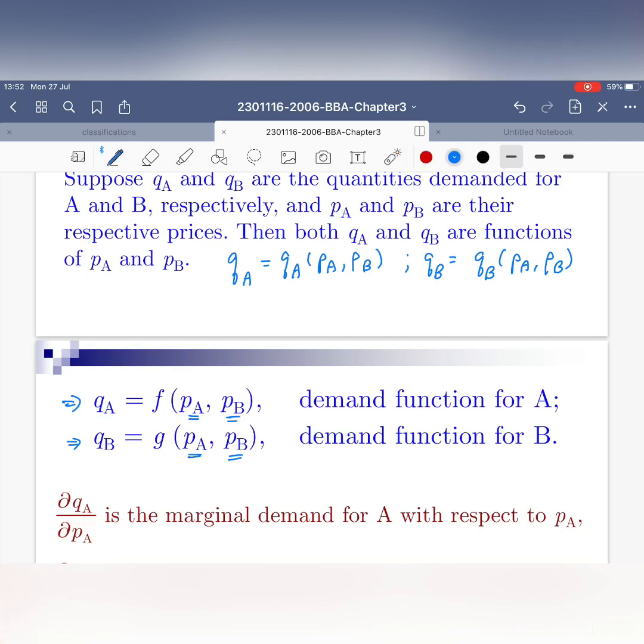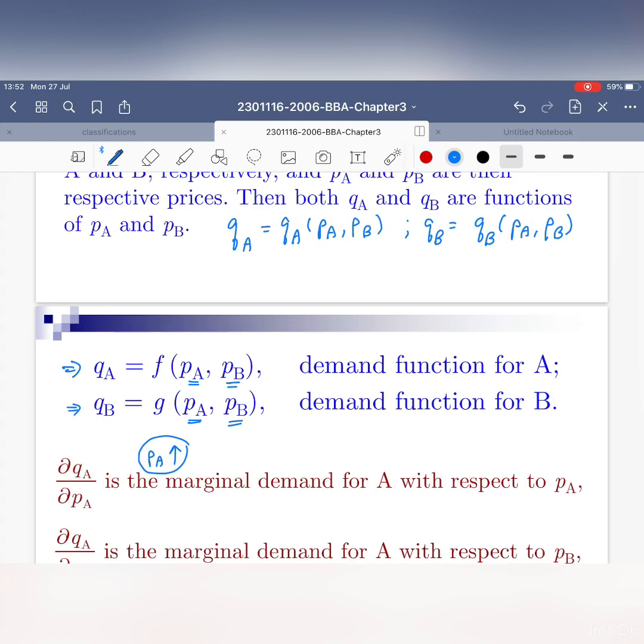So usually when we say the price changes, it means that the price is going up, right? If the price of the product is going up, will people buy product A? Of course, people don't want to buy A, right?